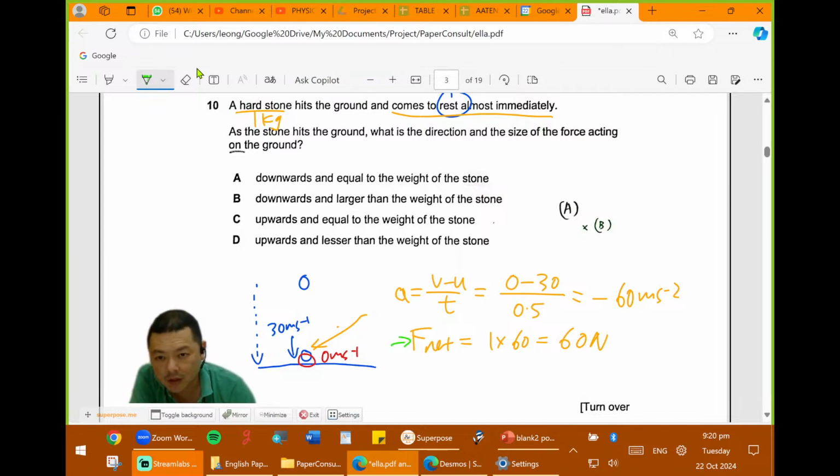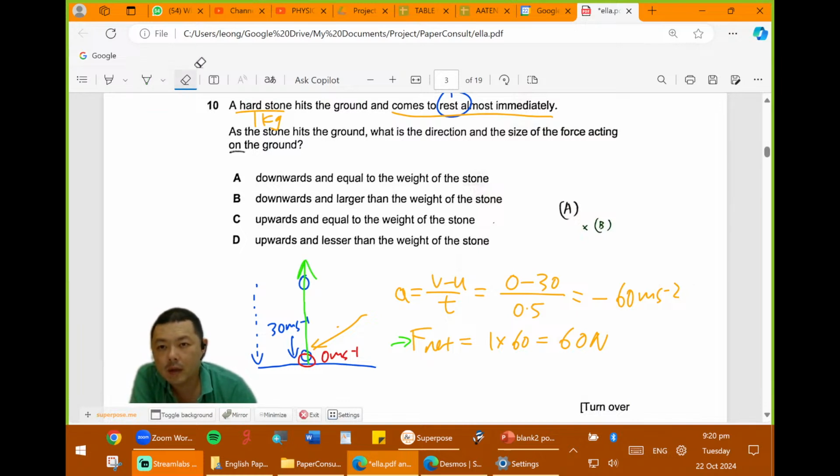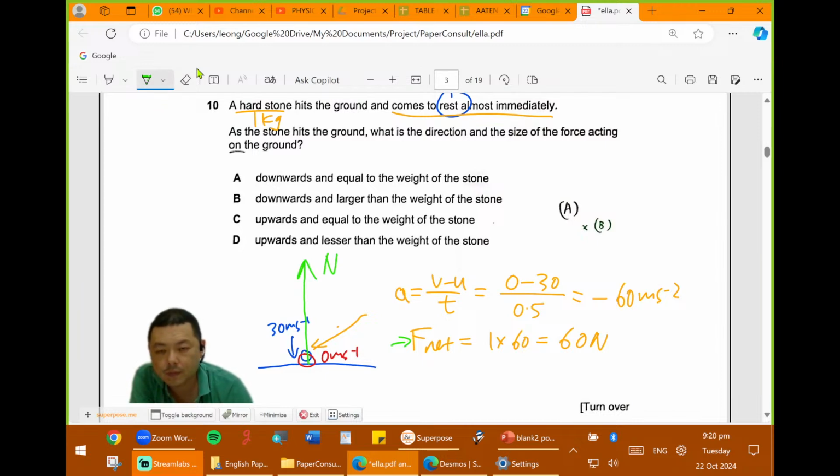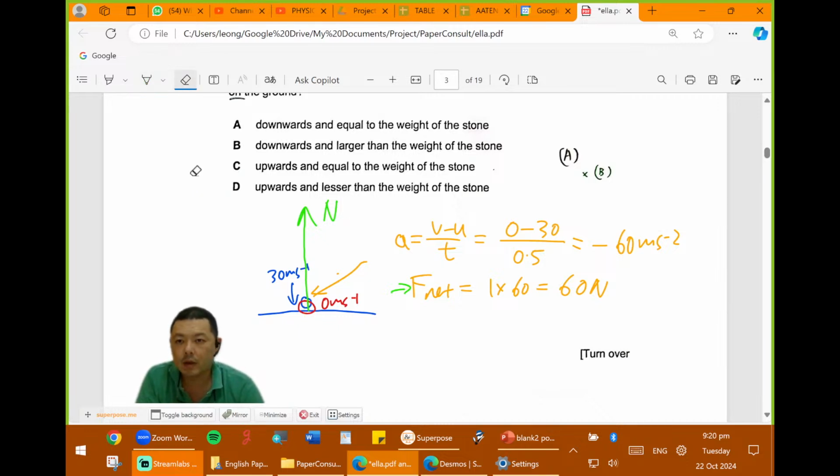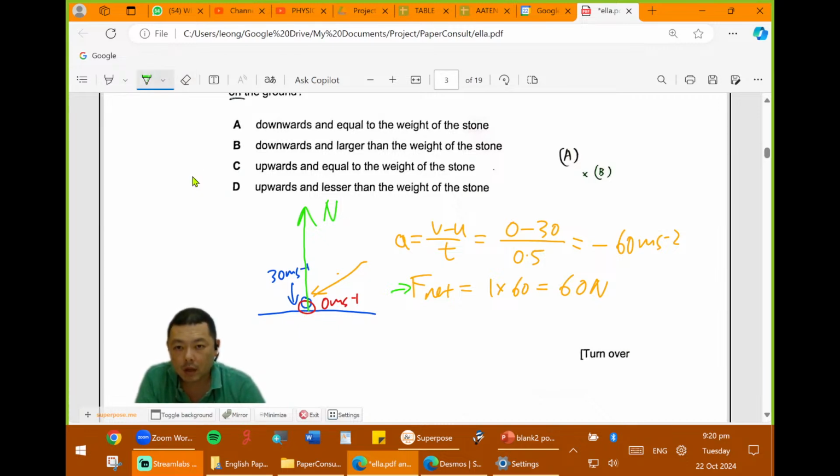There's a normal contact force. I'm going to erase that one because I'm only talking about the part at impact. Do you see the normal contact force here? Versus the weight of the stone, mg.